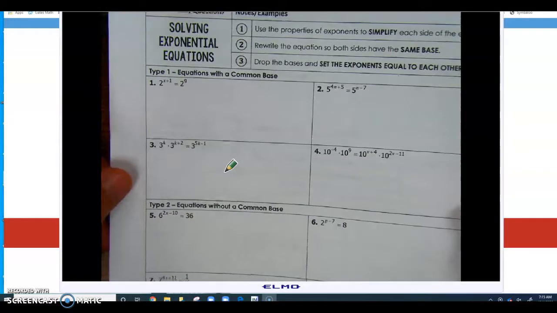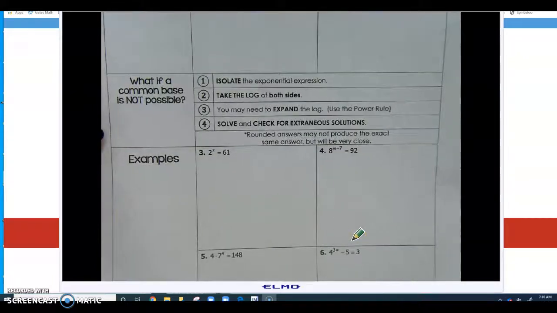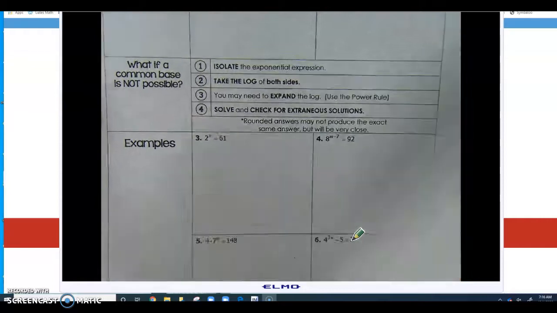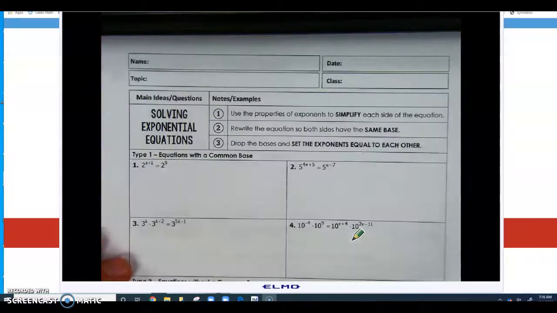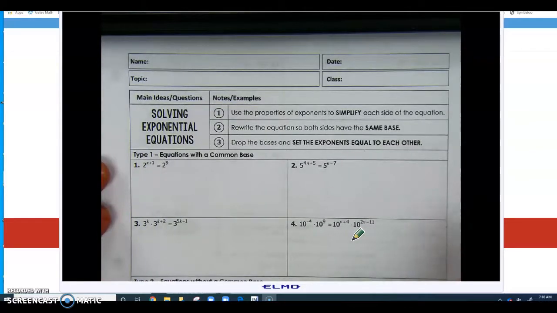So if you'll get out the last two pages of your notes packet, I'm only going to work on about half of this front side, and then a couple more on the front side of this, but that's where I'm going to stop, okay? I don't want to get too deep into either of these topics, but definitely want to get some of it done over the next 2 digital days.